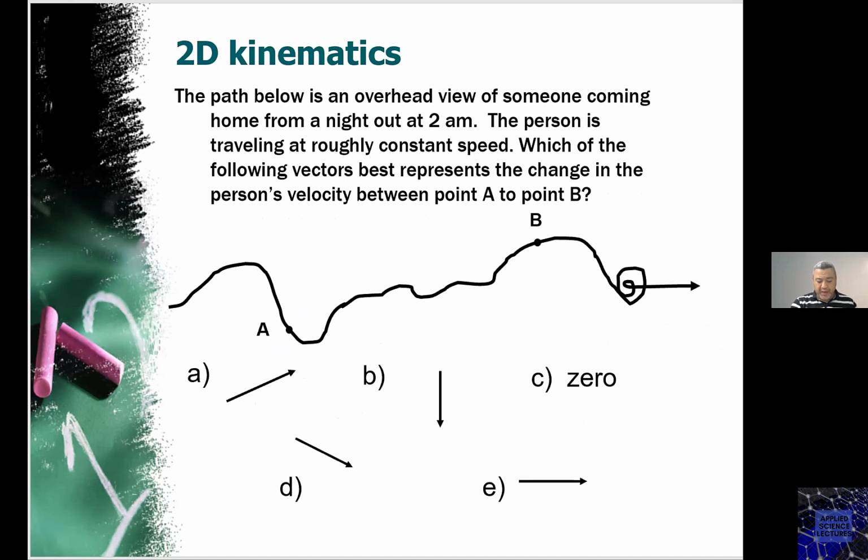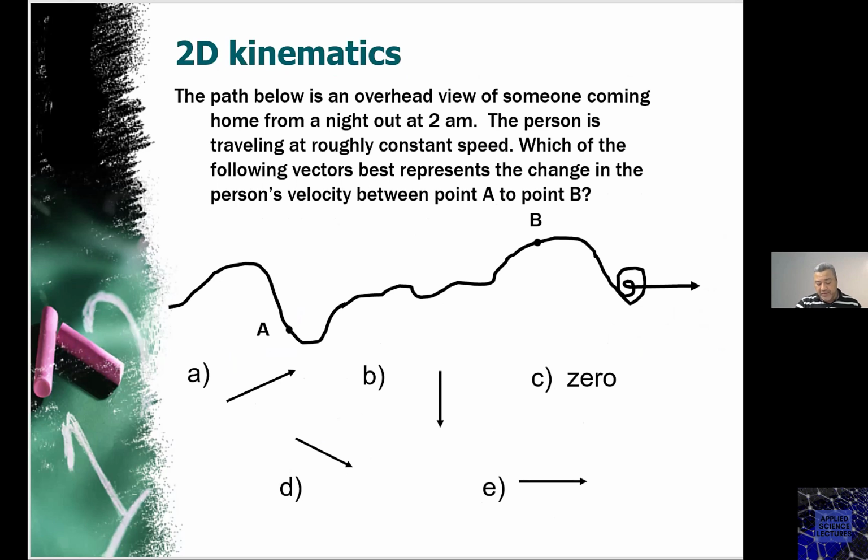If we have this path, as you can see, it's a path that is going non-straight. The person is traveling at roughly constant speed. So the speed is constant. Which of the following vectors best represents the change in the person's velocity between A and B?